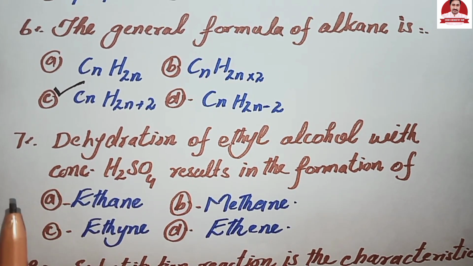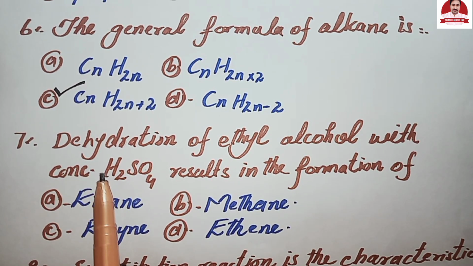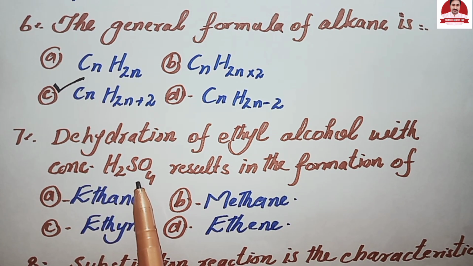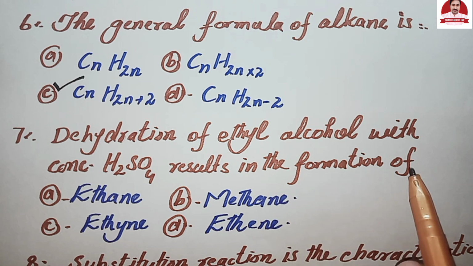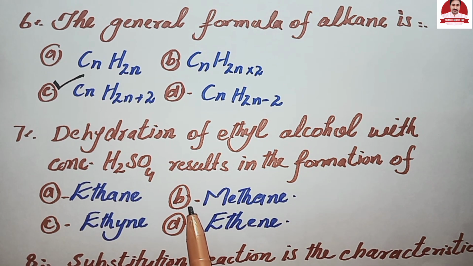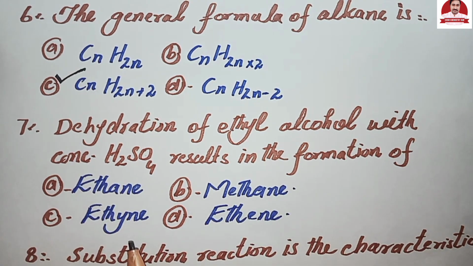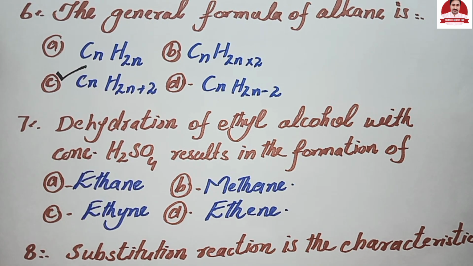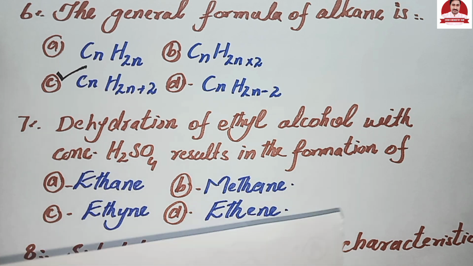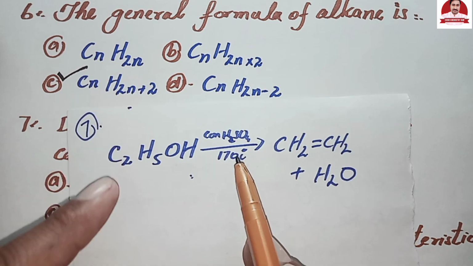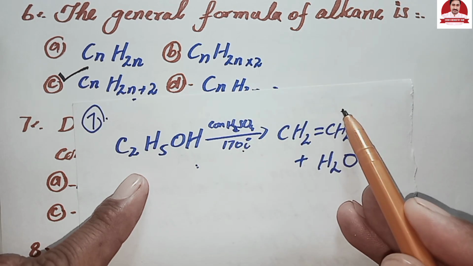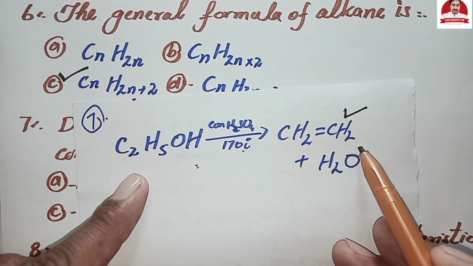Question number 7. Dehydration of ethyl alcohol with concentrated sulfuric acid results in the formation of, option A ethane, option B methane, option C ethyne, option D ethene. So when ethyl alcohol reacts with concentrated sulfuric acid at 170 degrees centigrade, it changes into ethene along with the removal of water.